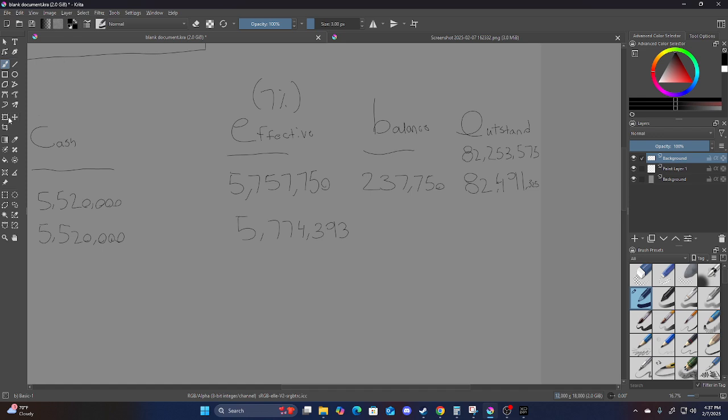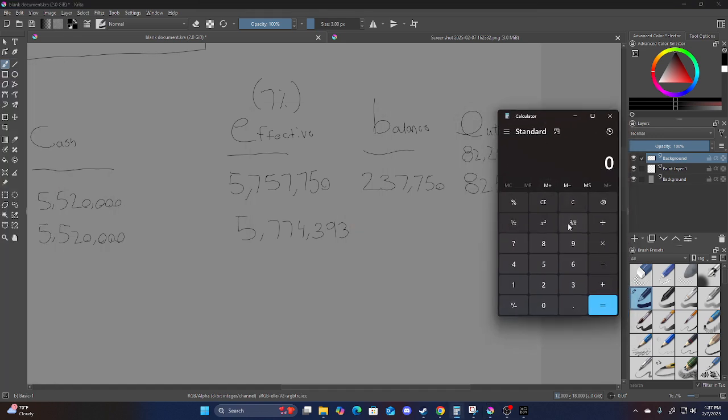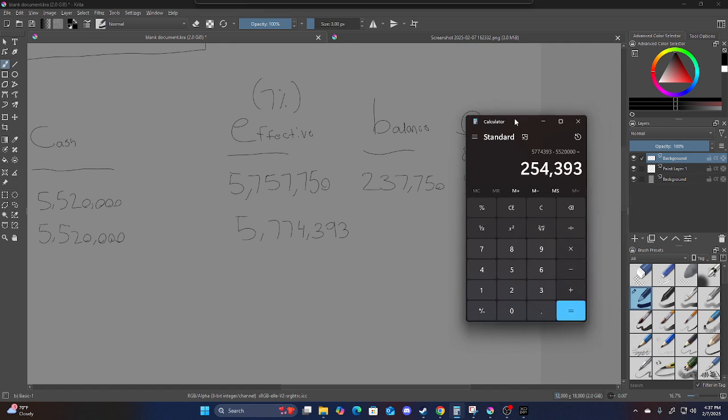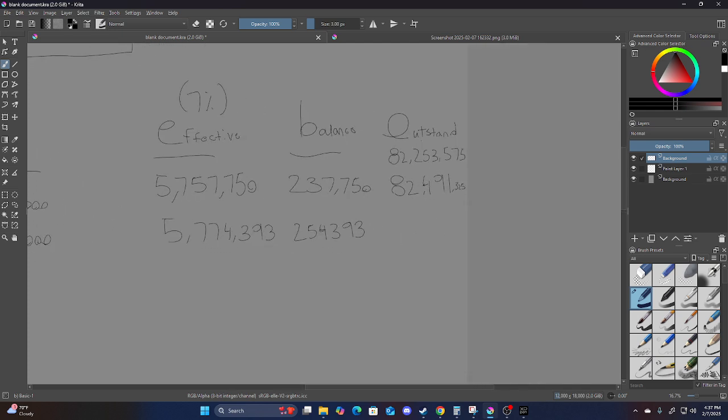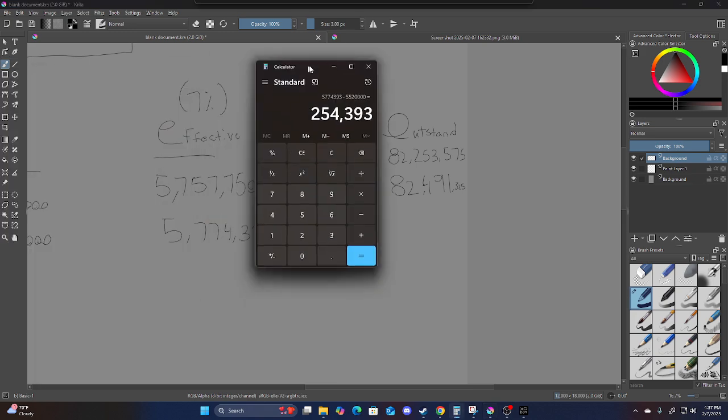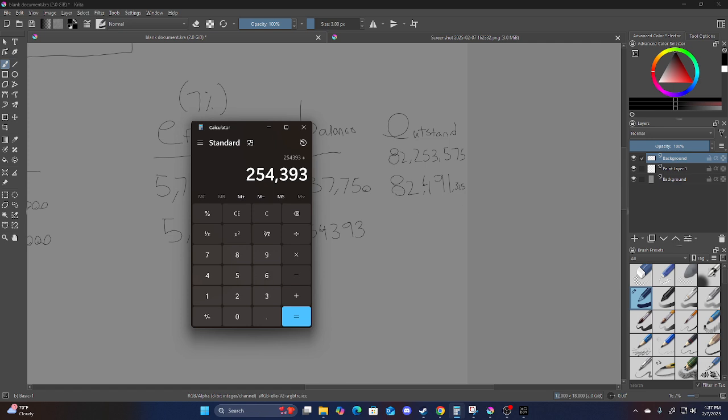All right, so we're going to balance this out again, just like before. $254,393. And just like before, we add this back to the principal, 82,491,325, which equals 82,745,718.